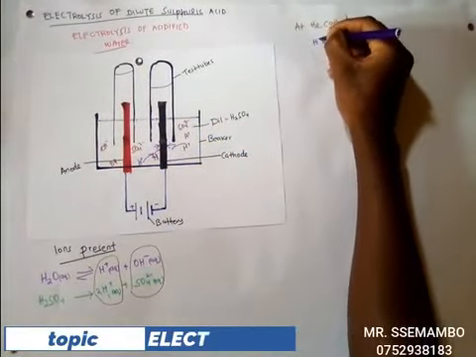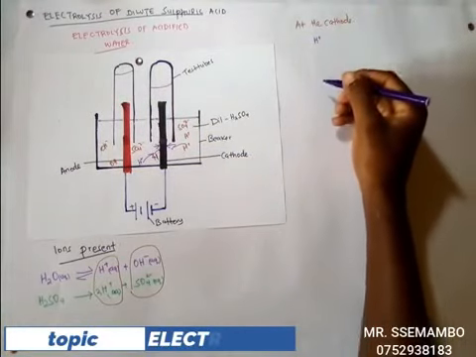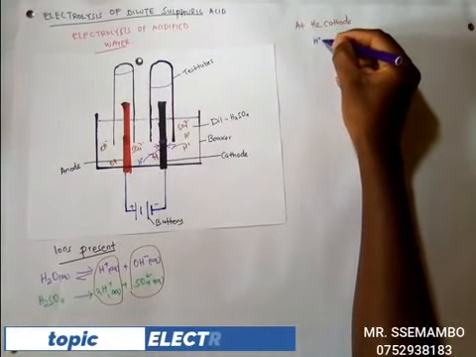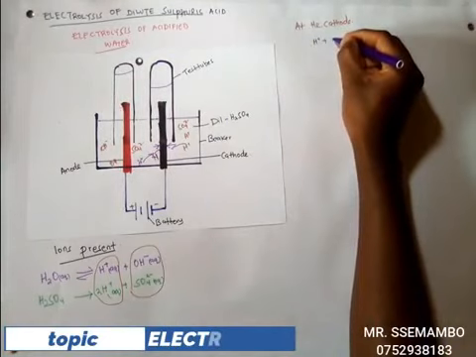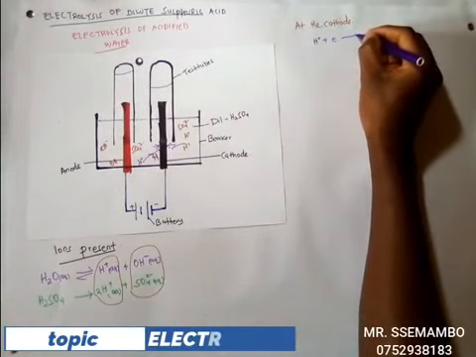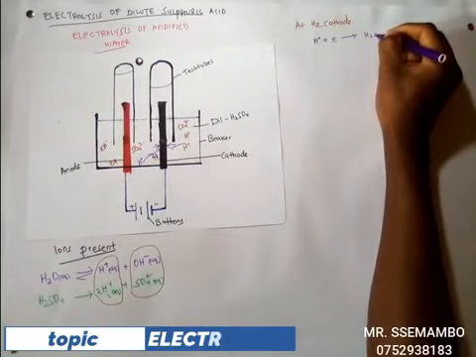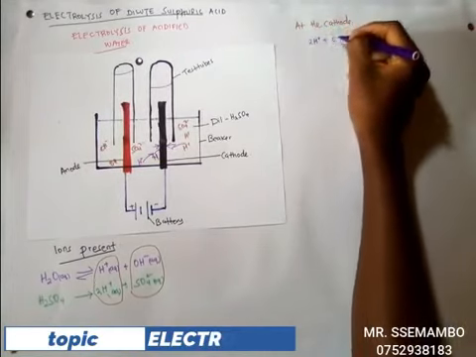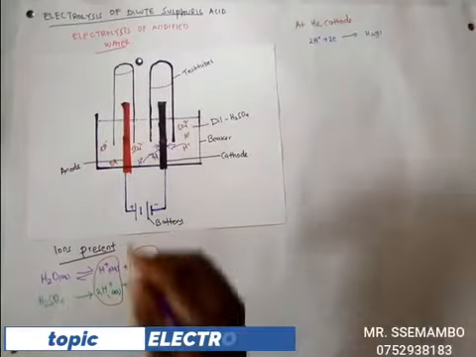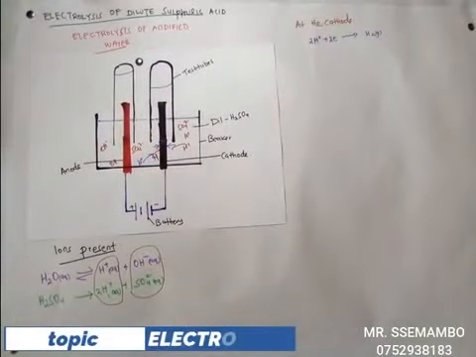So we have hydrogen ions migrating to the cathode and receiving electrons, giving us hydrogen gas. Balance by putting a 2 here and a 2 here, because 2 ions combine to form a diatomic element. Here we have 2 hydrogen ions combining to give us hydrogen gas. That is the reaction at the cathode.